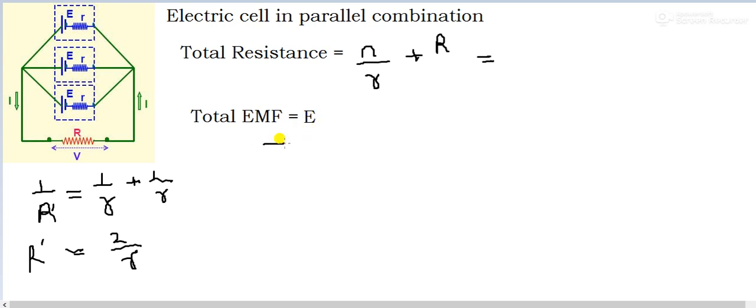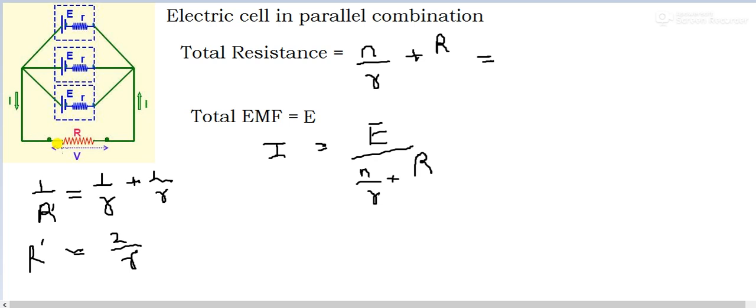Now if you want to find value of I, net electric current would be total EMF divided by total resistance, so E upon r by n plus R. This would be the value of electric current where the cells are connected in parallel combination.